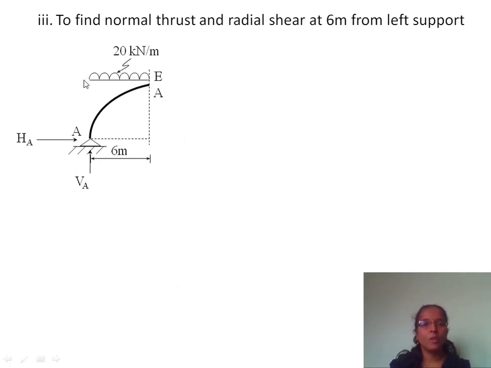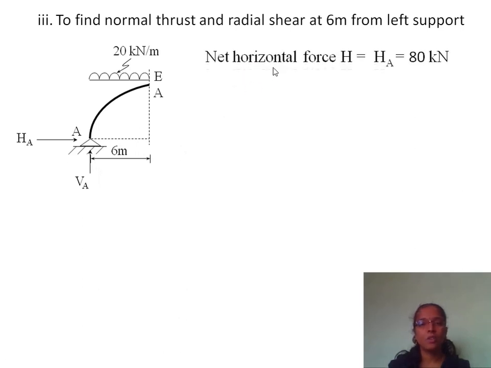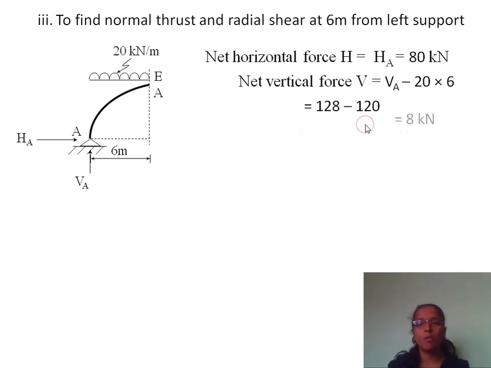It will have UDL up to 6 meter and the reactive components at end A. To find the net horizontal force we have only HA, so H is equal to HA, that is 80 kilonewton. Net vertical force V is equal to VA minus 20 into 6, that is 128 minus 120, which equals 8 kilonewton.